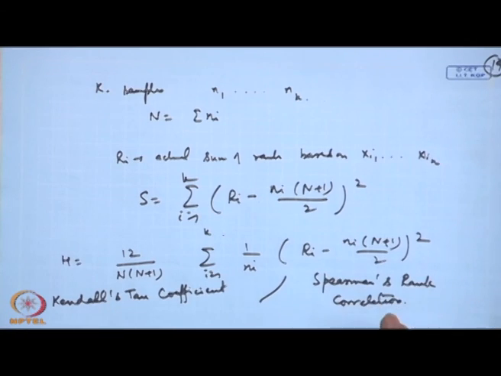So, for example, some gymnastic competition is there, and there are several competitors and 2 or 3 judges. Those judges will give ranks on the basis of each performance. Now, whether there is an agreement, that means whether a good performance is appreciated similarly by the 2 judges, or they are biased, that means whether one judge judges one candidate as better compared to the other one. In such cases, we use Spearman rank correlation coefficient, and it is much more useful.